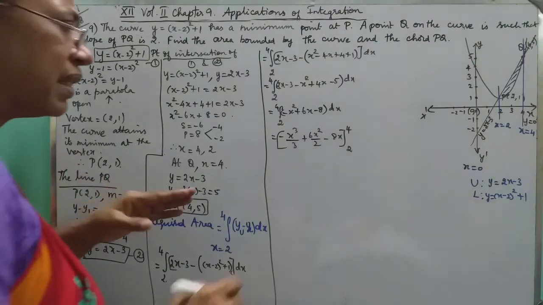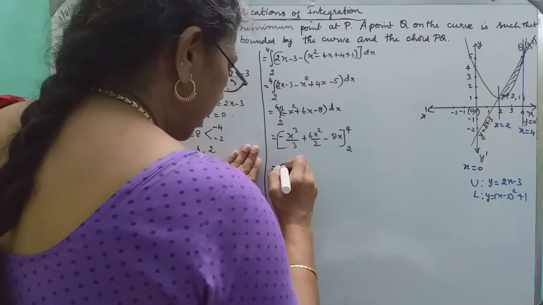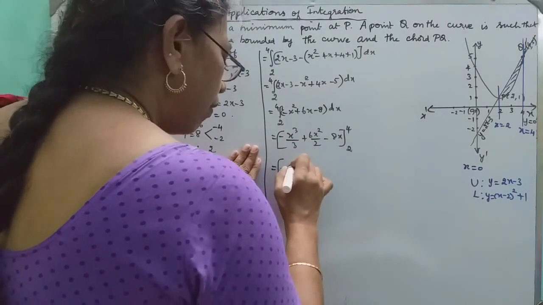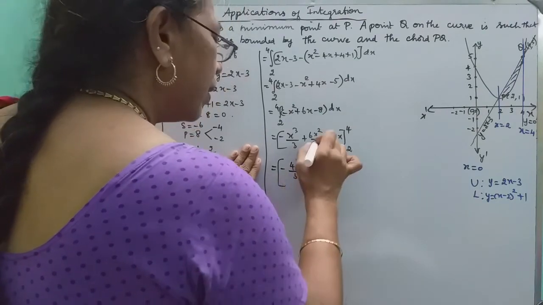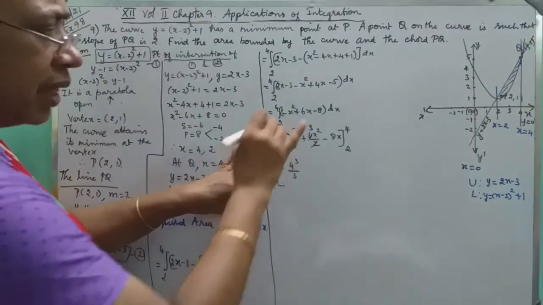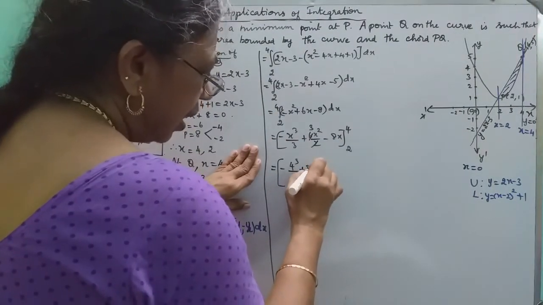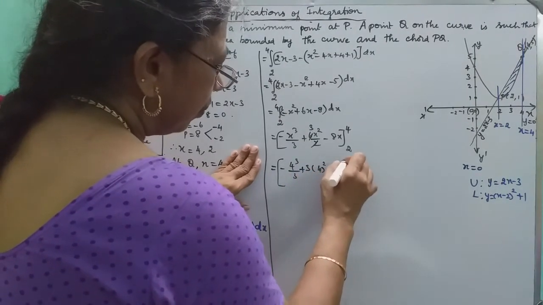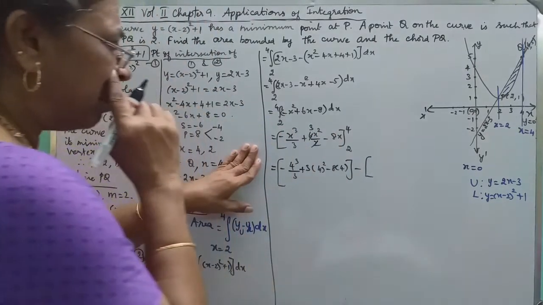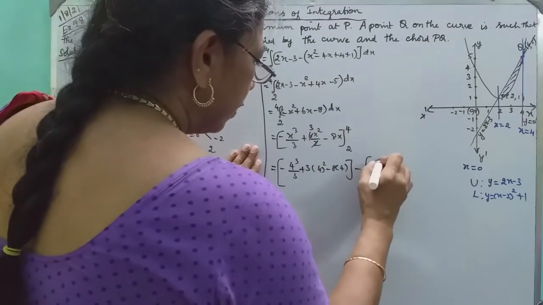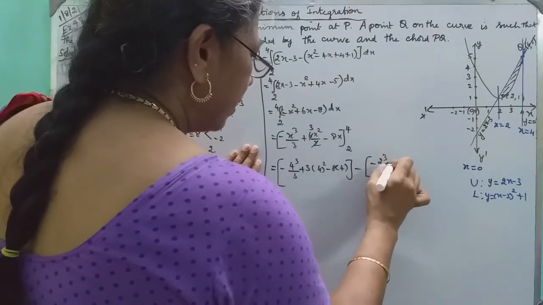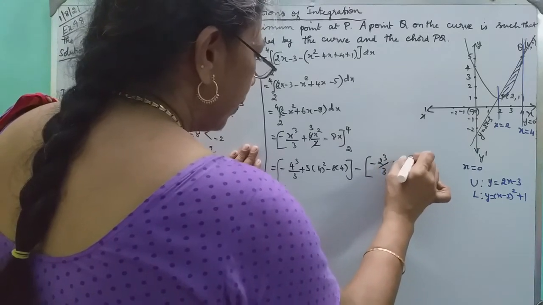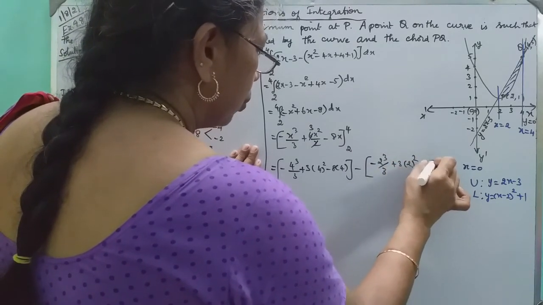Now you put first 4. So it is minus 4 cube divided by 3, plus 3x square, so 3 into 4 square, minus 8 into 4, minus, put the lower limit now, that is minus 2 cube by 3 plus 3 into 2 square minus 8 into 2.